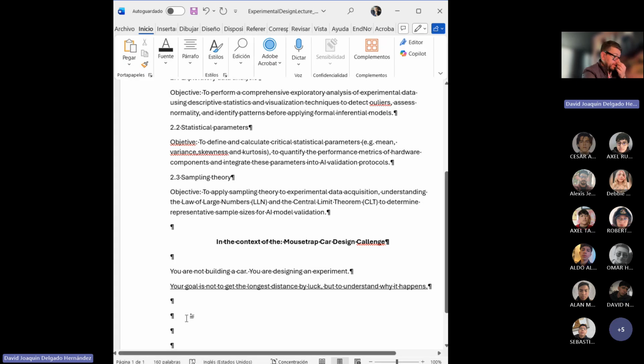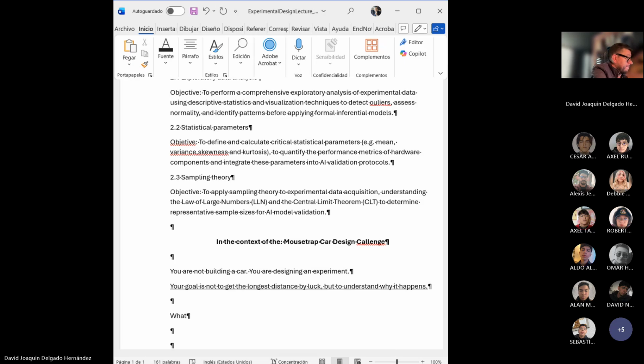Here I have one question. The question is, what happens if you only test good looking designs?